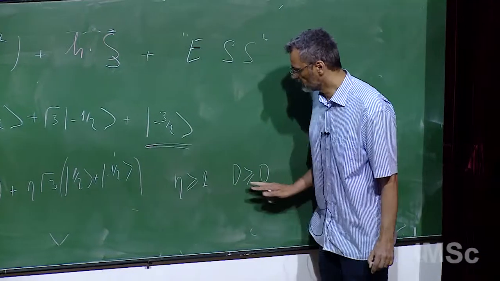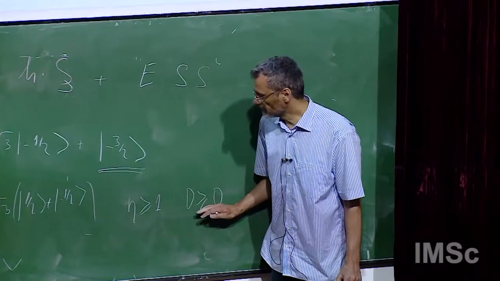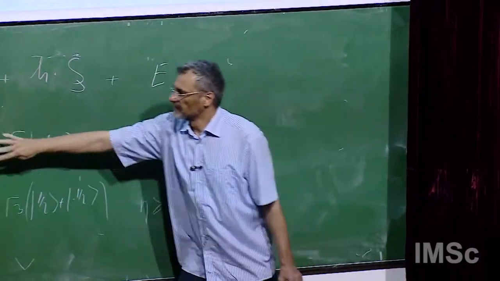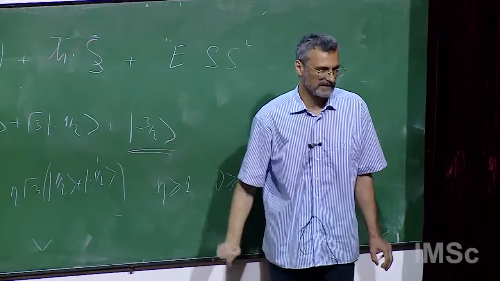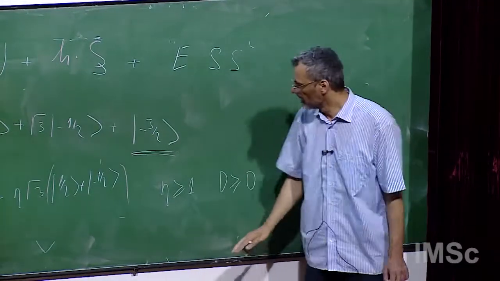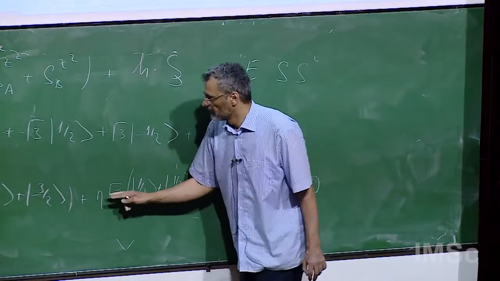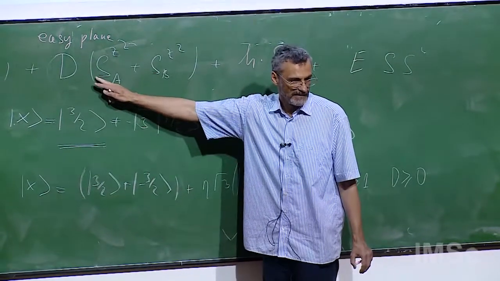So if D is equal to 0, there is no easy plane anisotropy. In that case, eta is equal to 1, and then this is an SU(2) symmetric problem, or O(3) symmetric, so there is no problem to turn the spin in the xy plane. However, if there is a D, there is a price that the 3/2 needs to pay to satisfy the constraint.